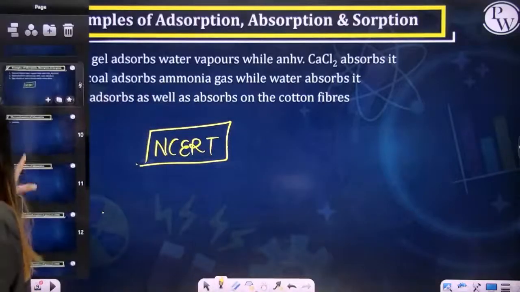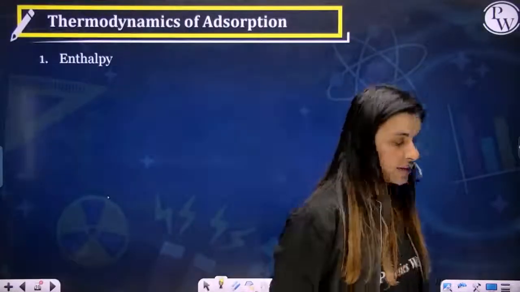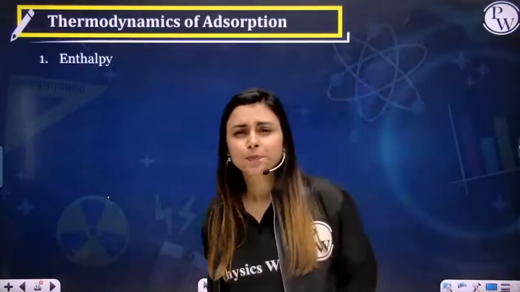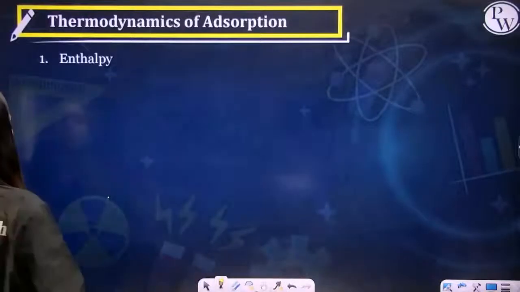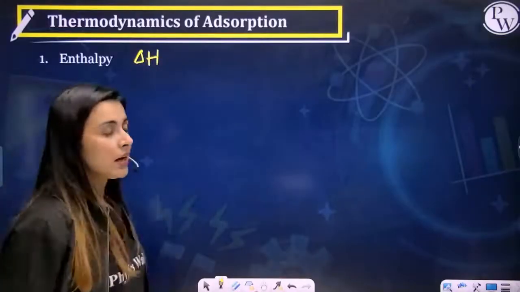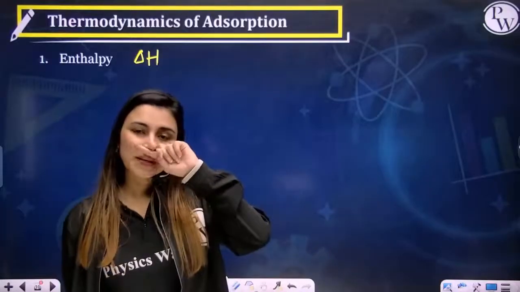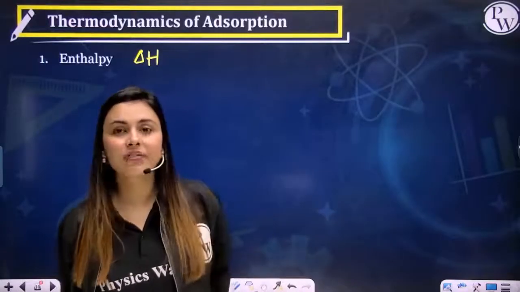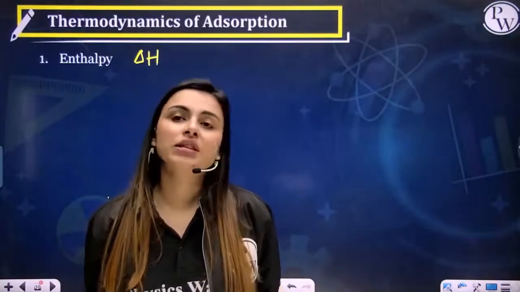Now let's talk about another important topic, which is thermodynamics of adsorption. Now we need to understand the thermodynamics of adsorption. In thermodynamics, we'll be discussing first about the delta enthalpy, which is delta H. Now, my dear students, I just want to make you understand here that whenever a bond is formed, energy is released.